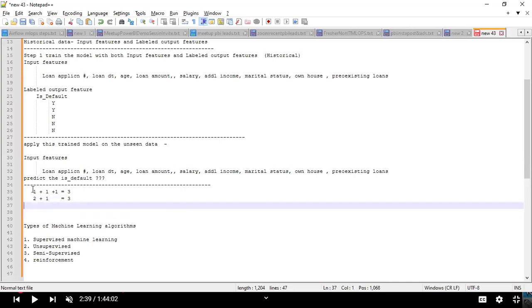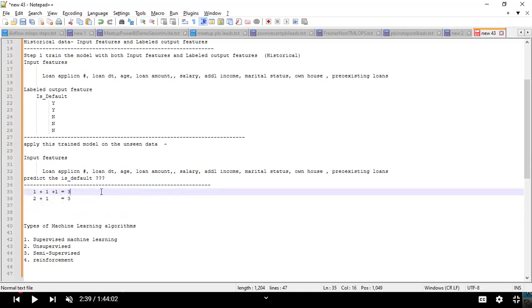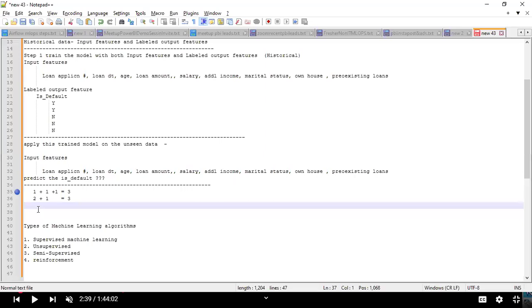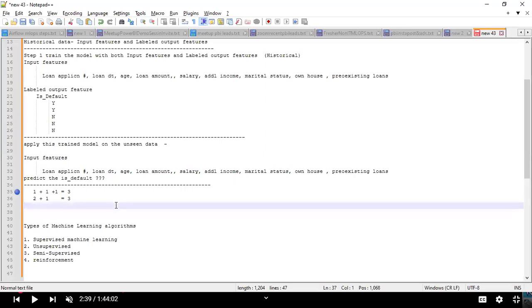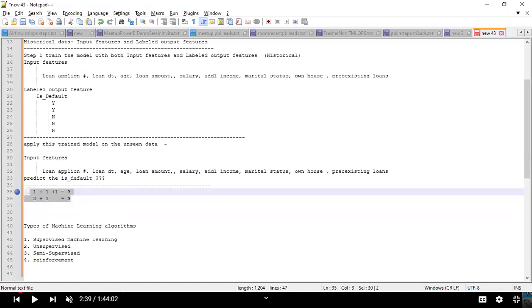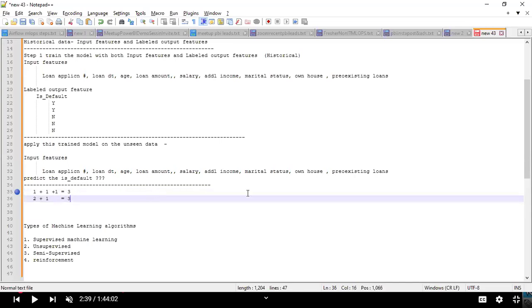The model should tell 3 correctly, because you already trained the model and it learned the pattern, so 1 plus 2 should say 3 only, right?